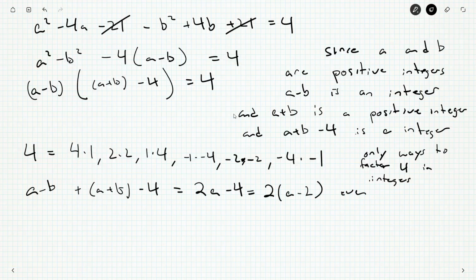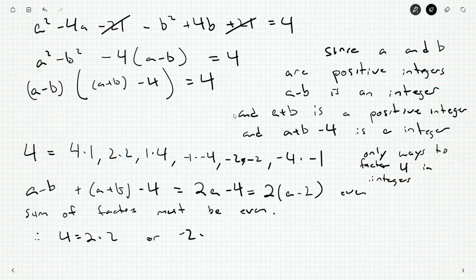So this is even. And if I have a sum of two things, I can't have one be even and one be odd. So the sum of the factors, and I don't mean sum as in a collection, I mean sum as in add them all up, must be even. So that just really gives us 4 is equal to 2 times 2, or negative 2 times negative 2.